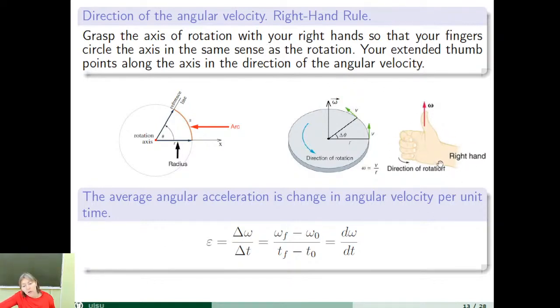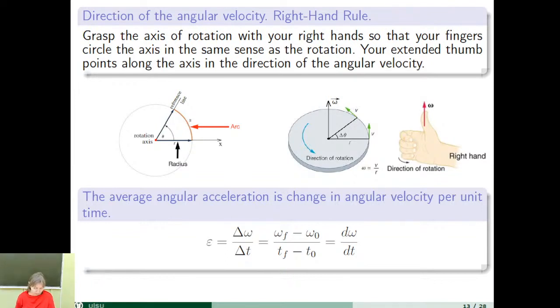How do we find the direction of angular velocity? Use the right hand, with your fingers in the direction of rotation, and the thumb gives the direction of the angular velocity vector.